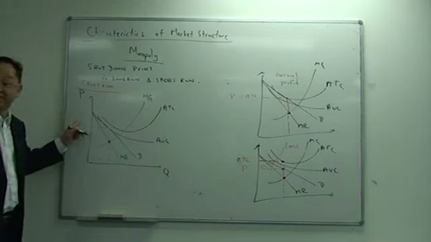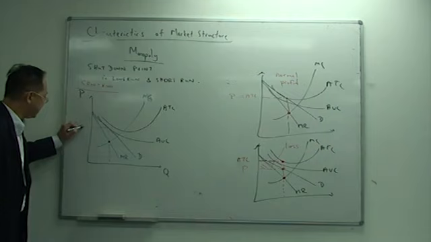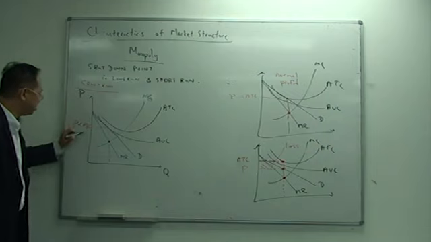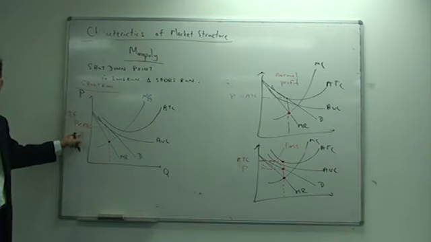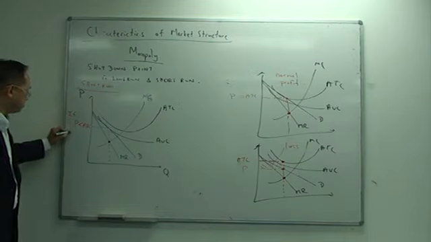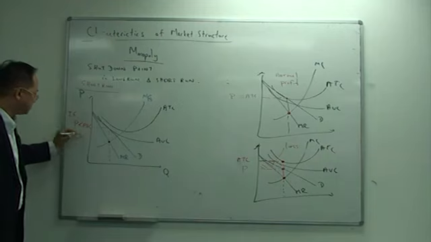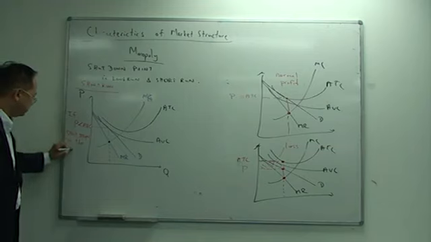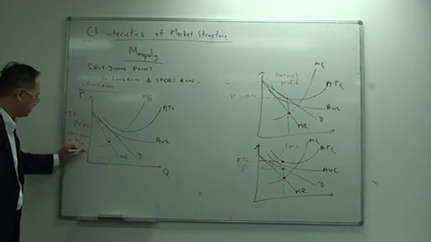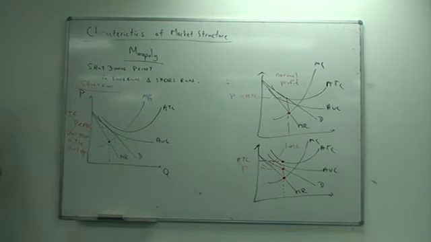So the condition will be if price is less than average variable cost, we shut down in the short run. So in other words, the company's not making a profit and they can't cover costs, which means, just shut it down.